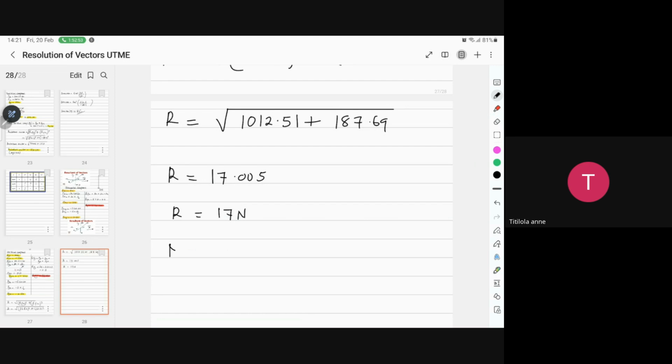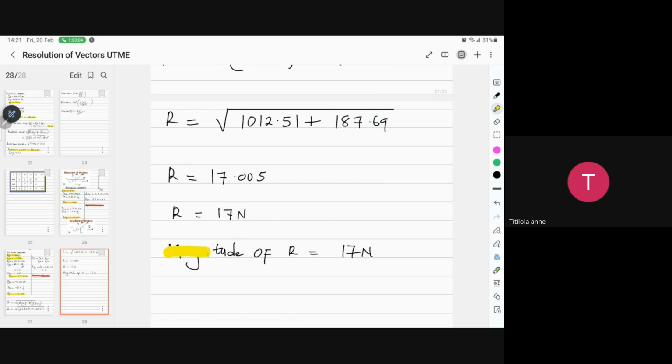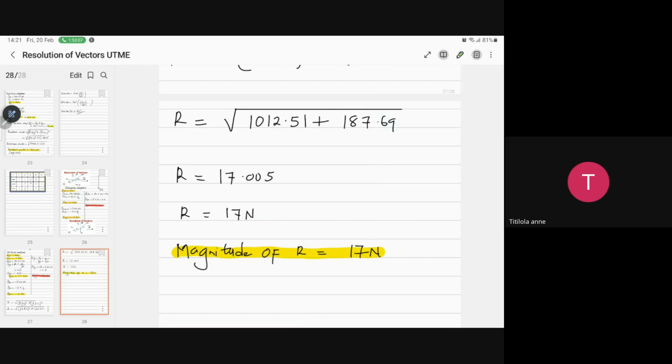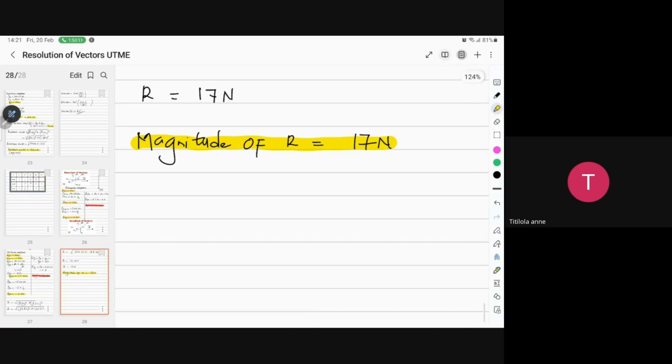So magnitude of R is equal to what? 17 Newton. Now, how do we get the angle? The direction now. The direction of the resultant vector. So direction of R, in brackets theta, is equal to tan inverse of what?